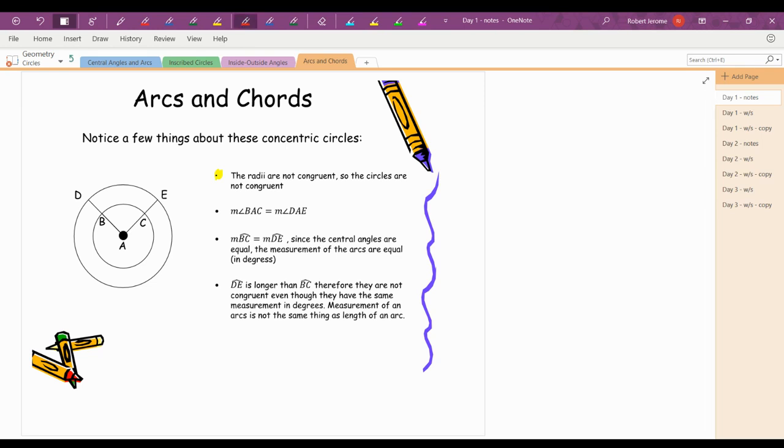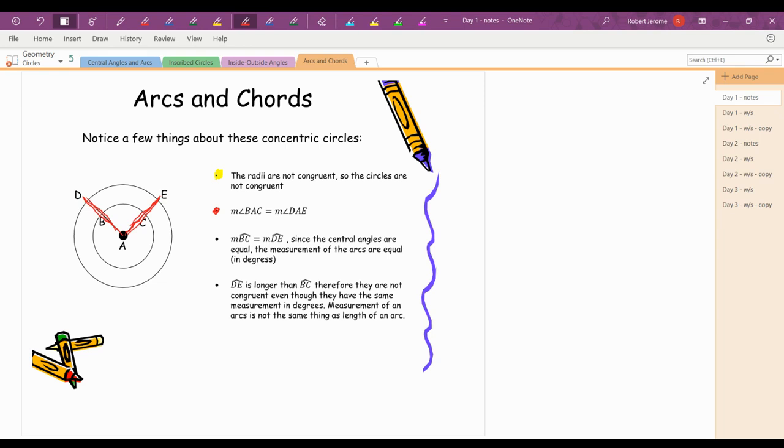However, it is really important for us to recognize that angle A from the little circle and angle A from the big circle are the same angle. They definitely are congruent. So angle BAC in the little circle and angle DAE from the big circle are congruent.